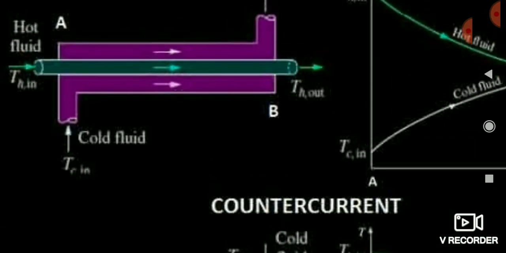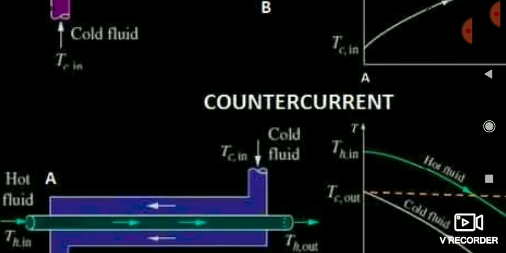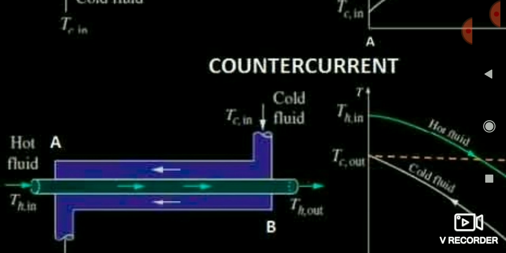Here you can see that in the first case delta T1 is equal to THI minus TCI, and in the second case the delta T1 value is THI minus TCO, meaning inlet of hot fluid temperature minus outlet of cold fluid temperature.